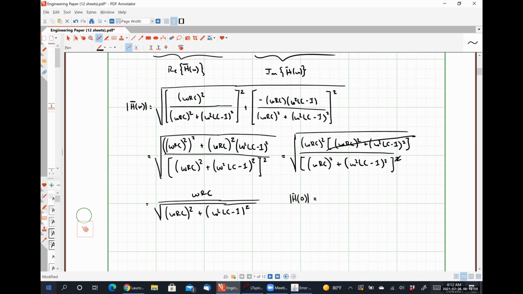So we'll have 0 over negative 1 squared, which is going to be 0 over the square root of positive 1, or 0. So at low frequencies, all of our signal is attenuated.